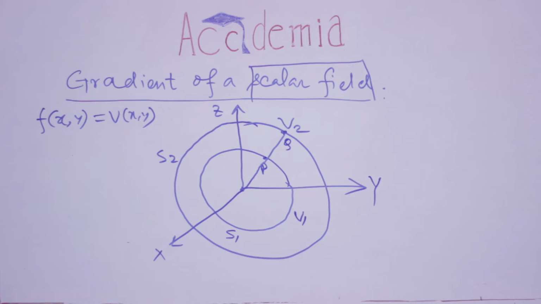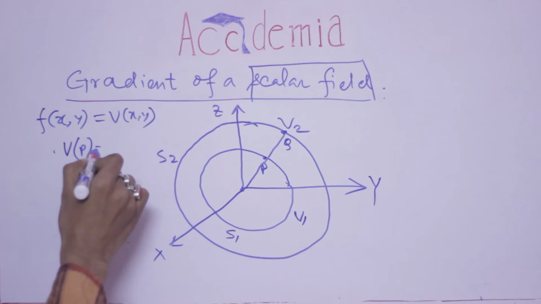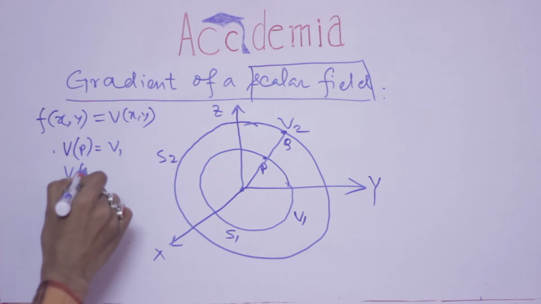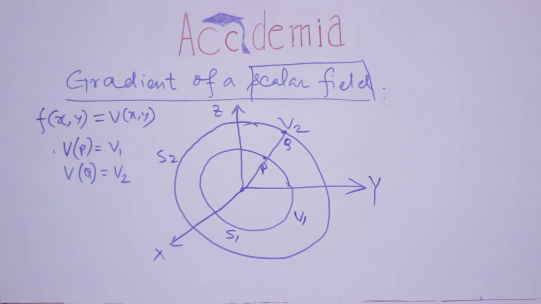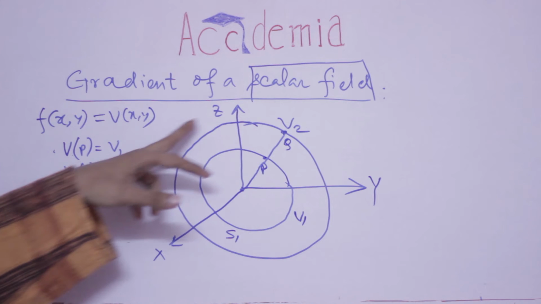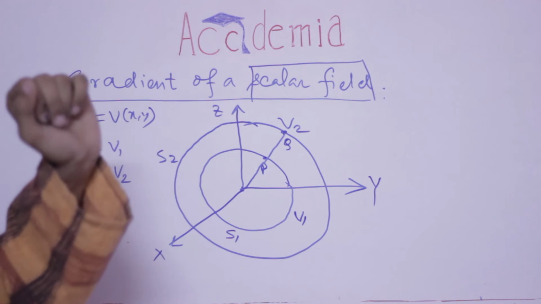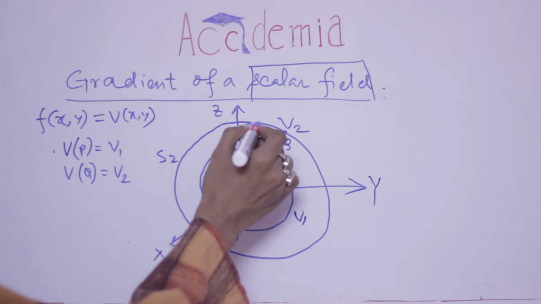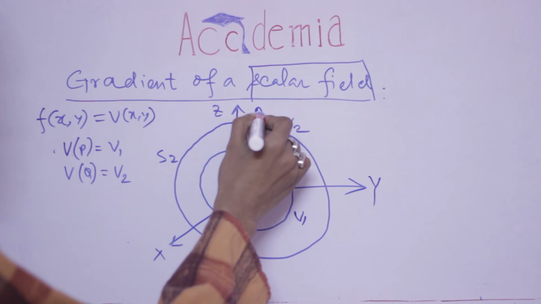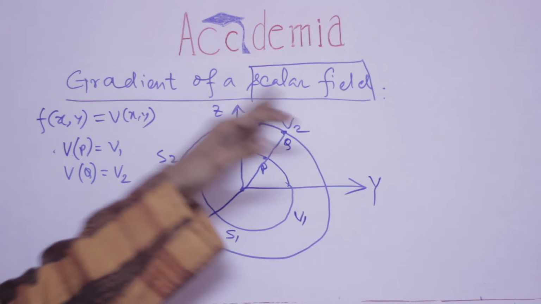So value of the function at P will be v1 and value of the function at Q will be v2. The interesting thing is, at any point on this outer spherical surface, the function has the same value, v2. So, at any arbitrary point R on the surface S2, the function will have the same value, v2.